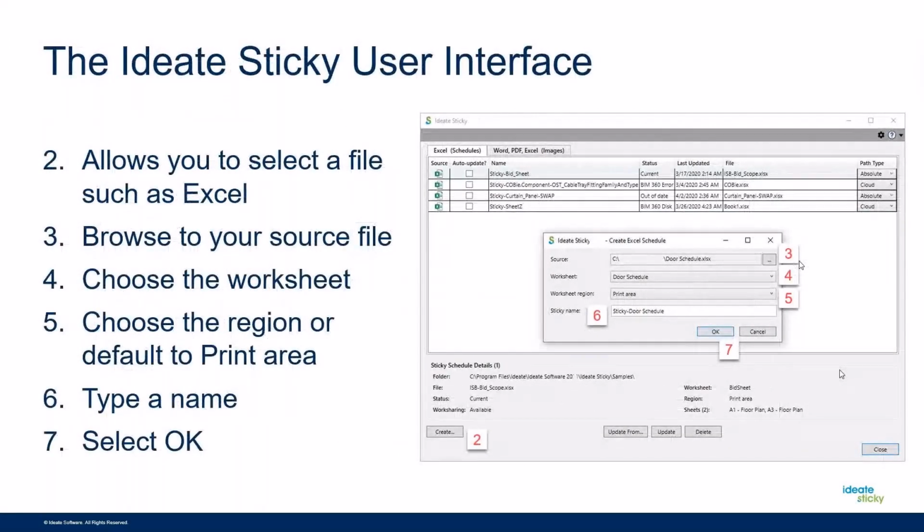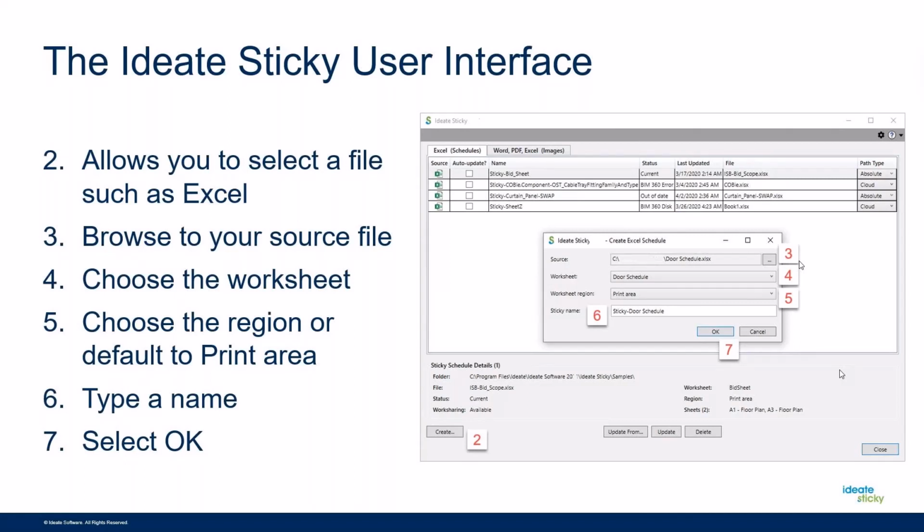The Ideate Sticky user interface that I just showed you is made up of several components. Once you bring up the main dialog, you have the ability to create a sticky, or a sticky note. That's where you would browse to an Excel file, a Word file, or a PDF file.